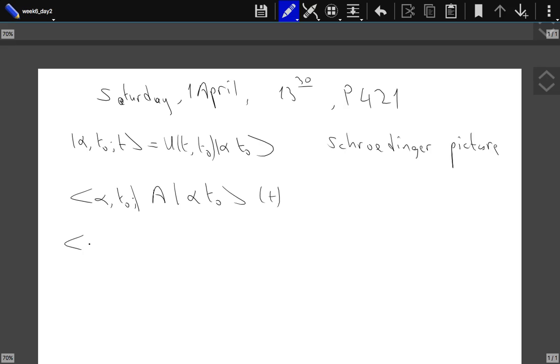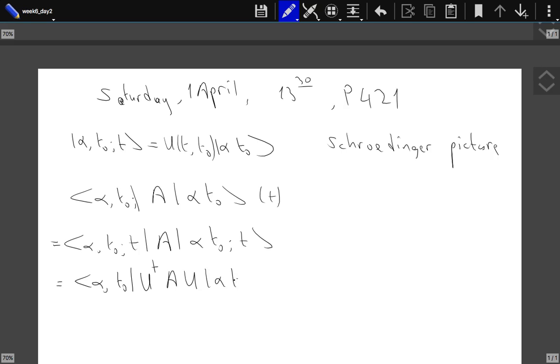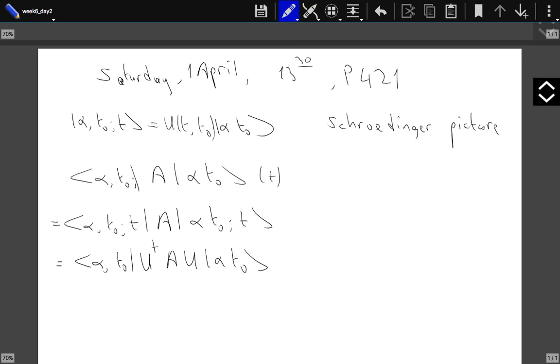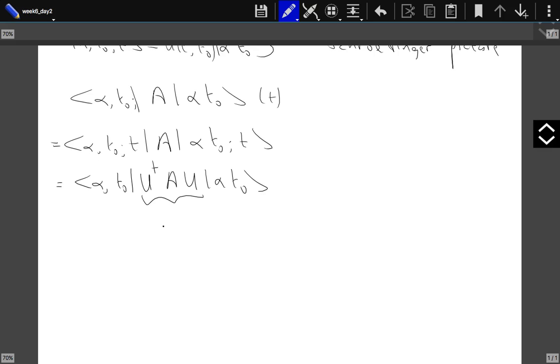Now, in the Schrödinger picture, the time dependence is due to the fact that the bra and the ket are changing in time. But we can say the same thing by writing this as alpha t0, our initial ket, initial bra, U dagger, A, U, and the final bra.